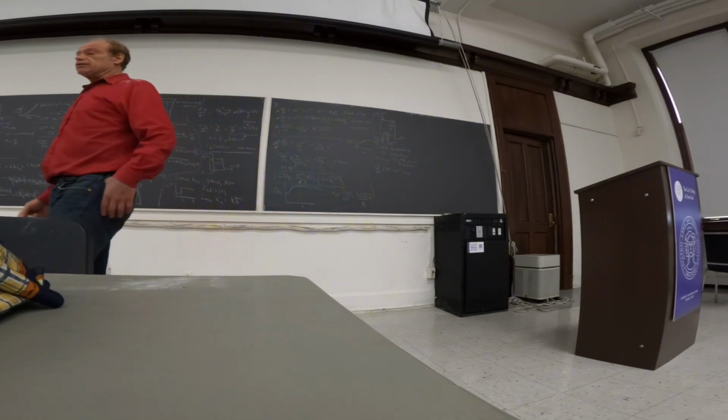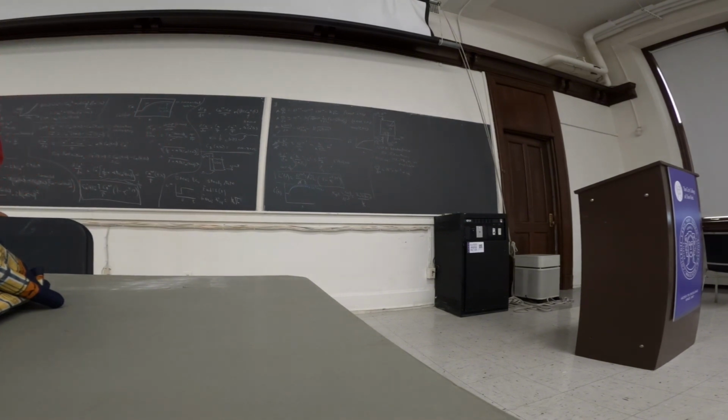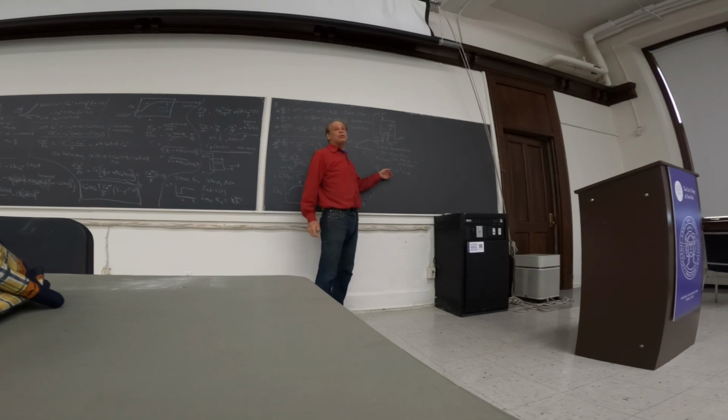So I've got flow. I'm changing the energy by having the internal energy change by virtue of enthalpy flowing in, enthalpy flowing out, plus the amount of heat transferred from here to here.